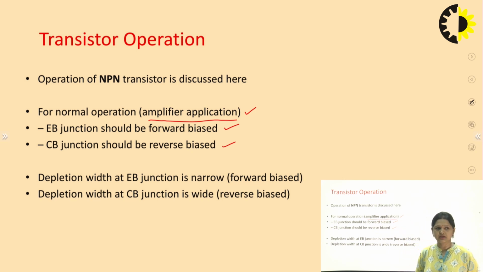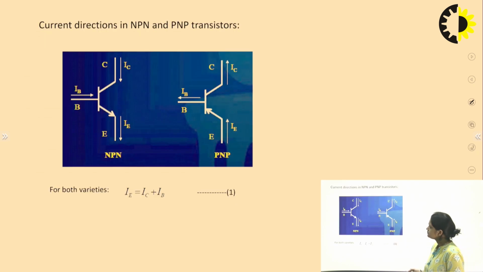So basically, this is the transistor operation. We have to bias the emitter base junction in forward bias if we want to design an application related to amplification, and we have to bias the collector base junction such that it is reverse biased.